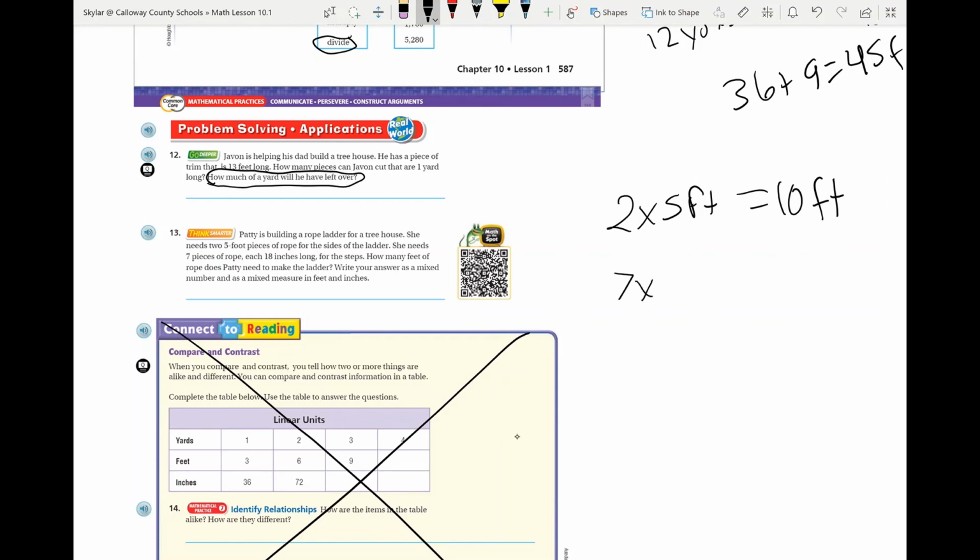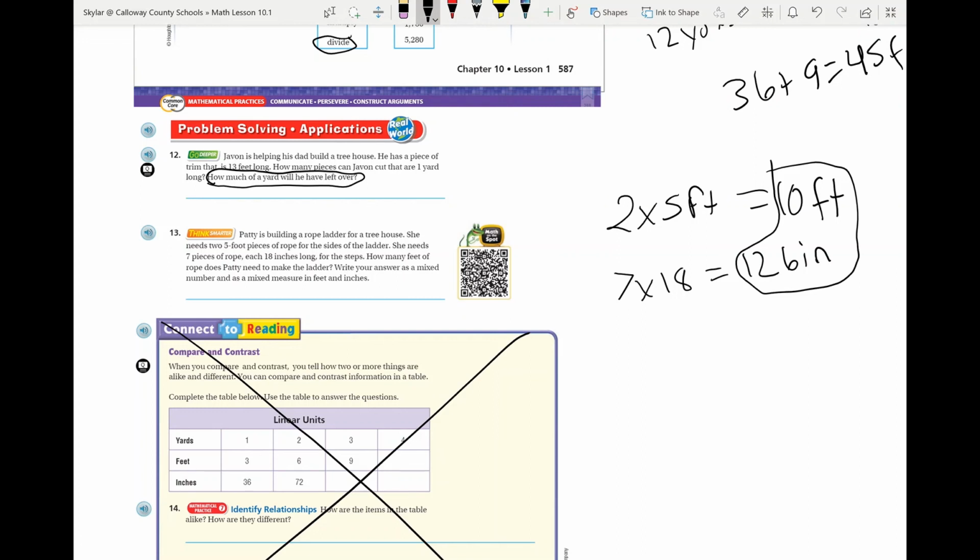So 7 times 18 is going to give us 126 inches. So you've got 10 feet and you've got 126 inches. You need to figure out how much all of this is going to be in feet.